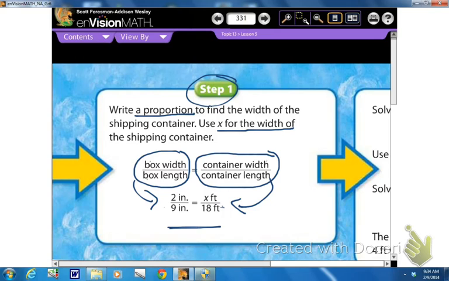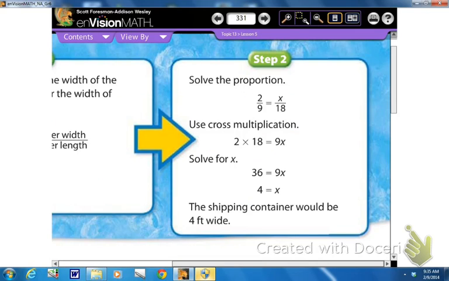So now that you have your proportion set up, you can solve for it. Use cross multiplication here and multiply 2 times 18 to get 36, and 9 times x gets you 9x. Again, we want to get x by itself. We're solving for x. We want to divide by 9 to get rid of that multiplying by 9.